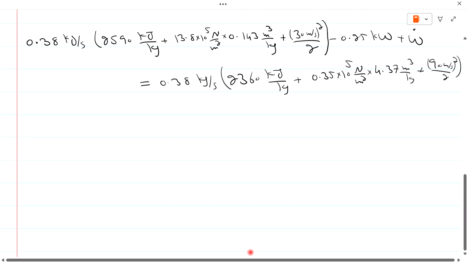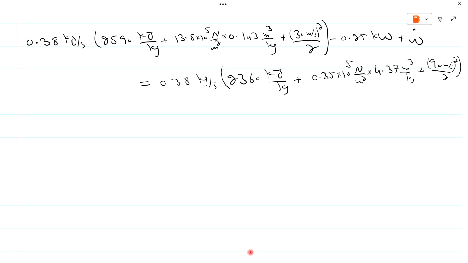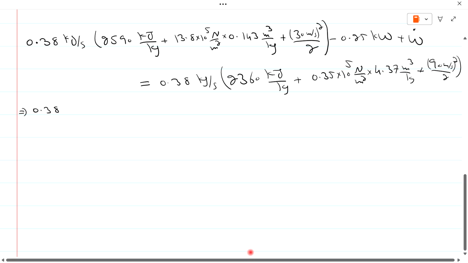So 0.38 kilogram per second into 2590 kilojoule per kg plus 13.8 multiplied by 0.143 and multiplied by 10 power 5.